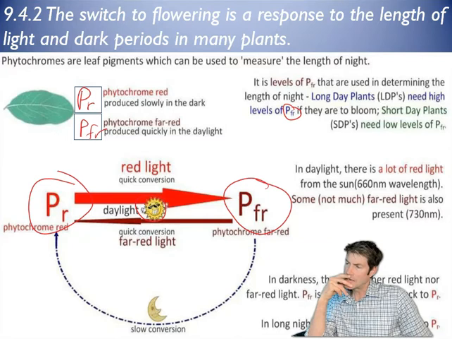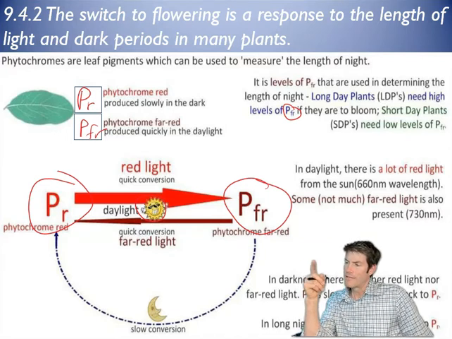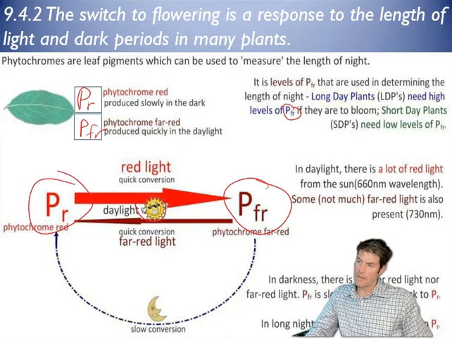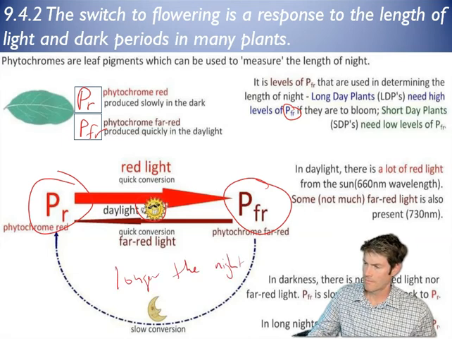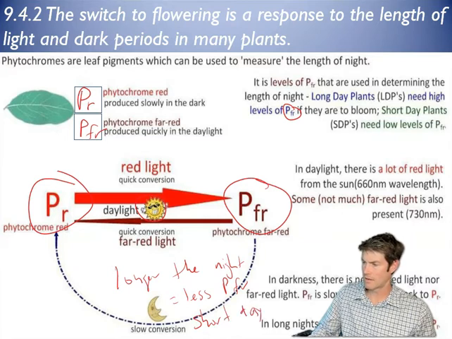And it's not until you have low levels of PFR that they start to flower. And you'll see at nighttime that PFR disappears. So the longer the night equals less PFR, the short days come on board. So the short day flowers bloom.